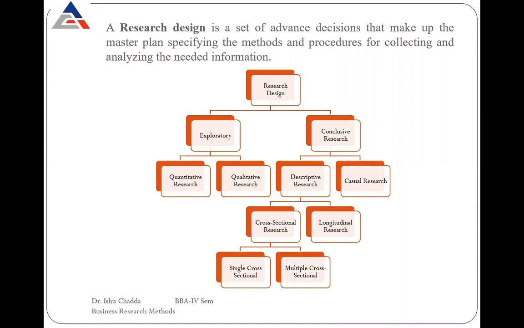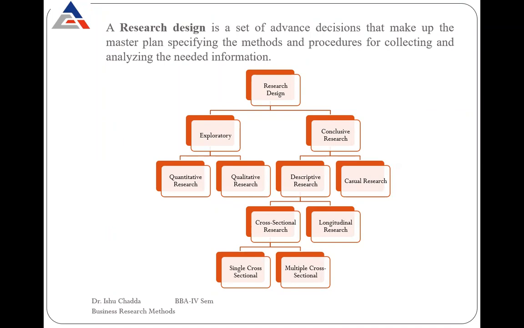So research design mainly has two types, that is exploratory research design and conclusive research. When we talk about exploratory, we want to explore something new, so we go with exploratory design. Next we have conclusive research. When we want to come to a certain conclusion, we conduct conclusive research.